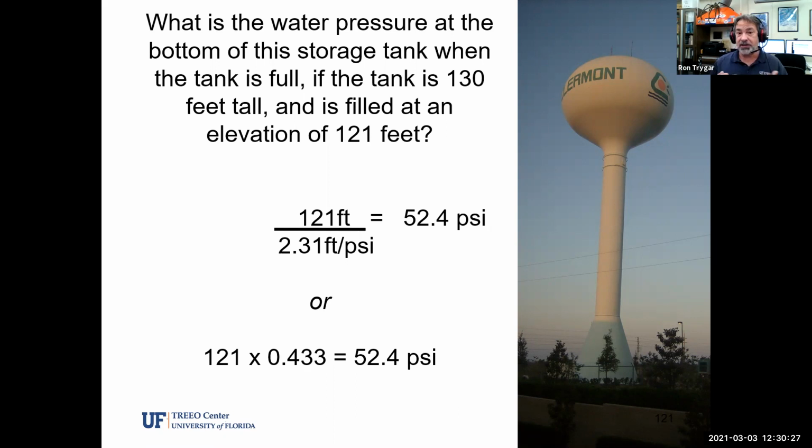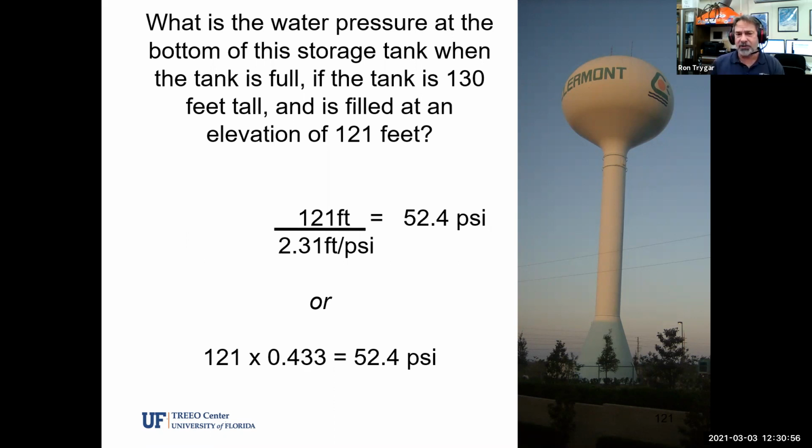Remember, the PSI number is going to be a lower number than the actual feet of head of water above the gauge. The other way we can calculate it is by multiplying the 121 feet of water elevation by how many PSI is in each foot of water, which is 0.433. So we come up again with 52.4 PSI.